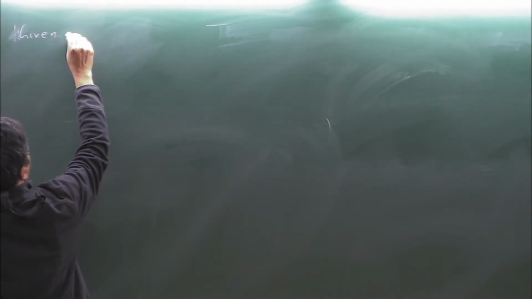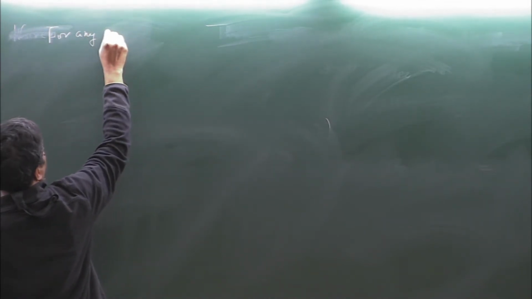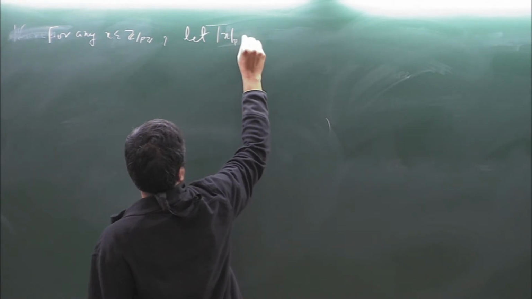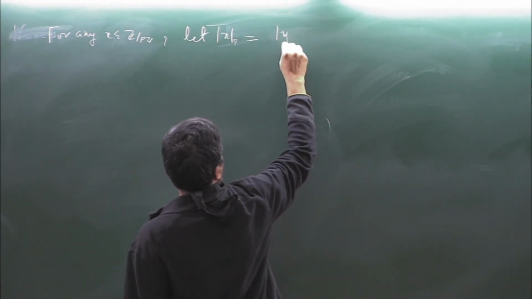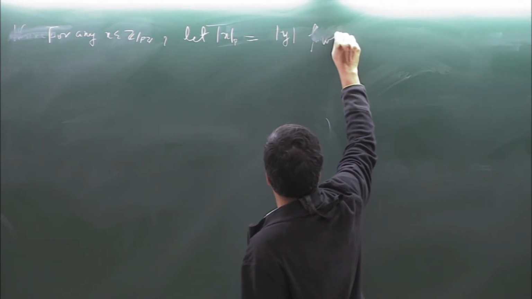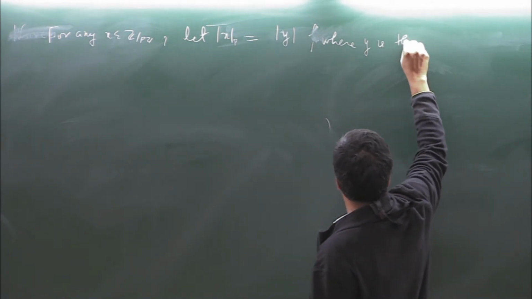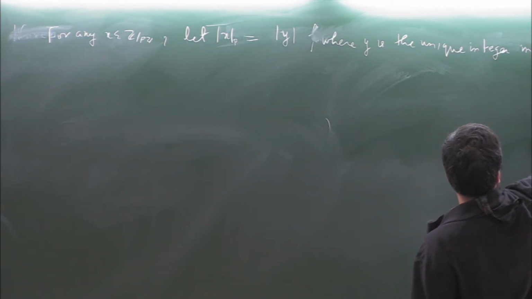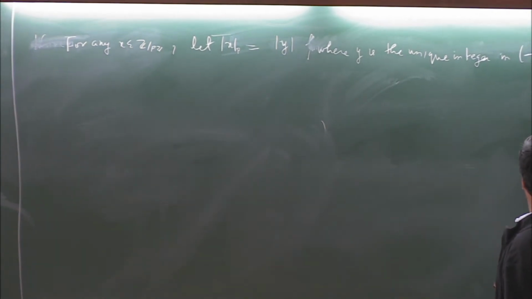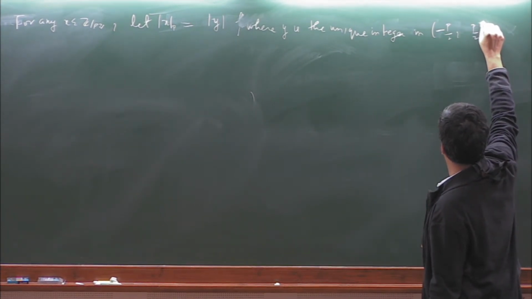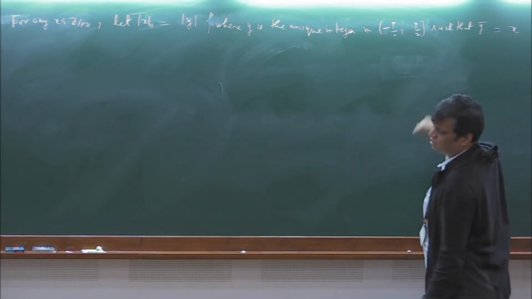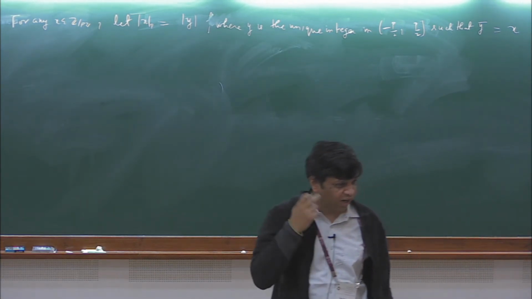All right. So I have to define what is given. For any x belonging to Z mod pZ, y bar means the image of y in Z mod pZ.